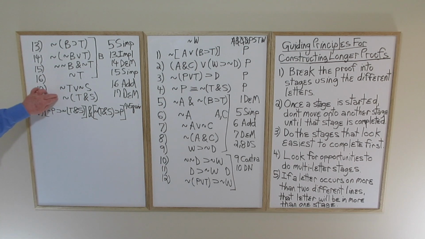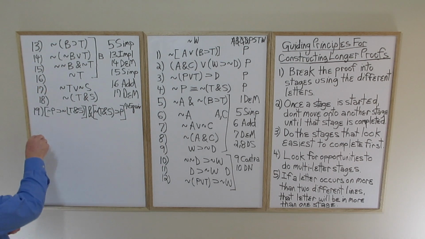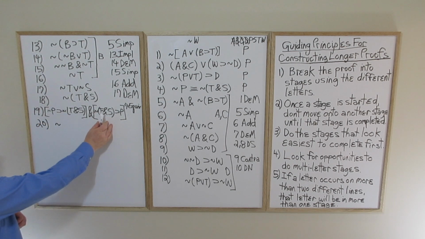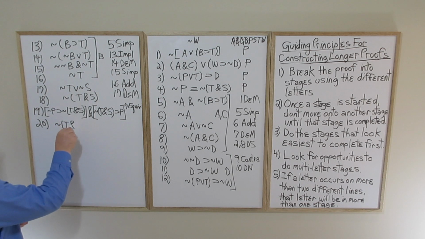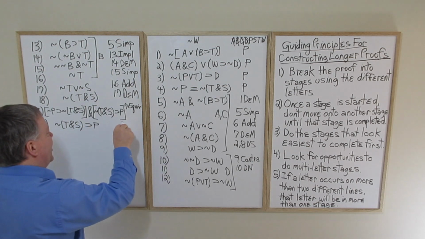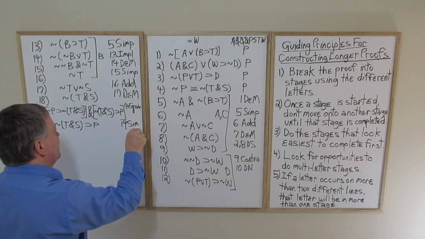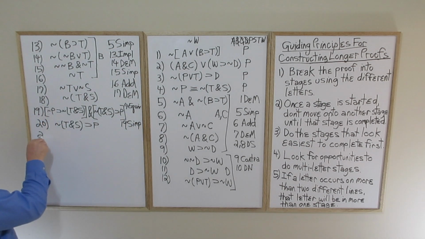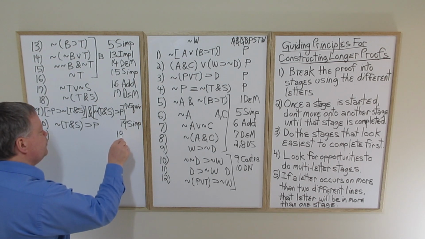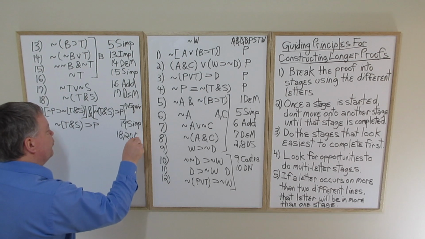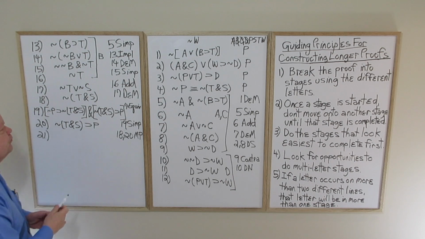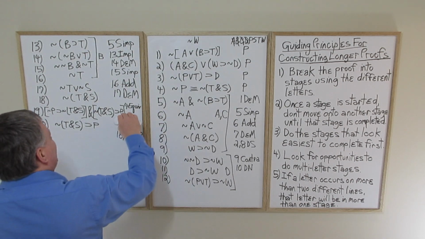Given that in line 18 we have tilde T and S, the simplification we'll want to do is the right conjunct, tilde T and S horseshoe P, so that's 19 simp. Now 18-20 modus ponens gives us, little error writing this down.